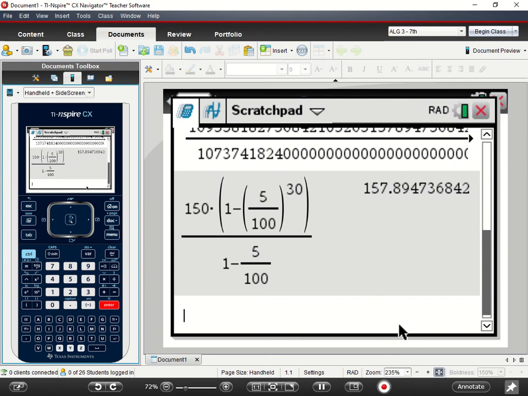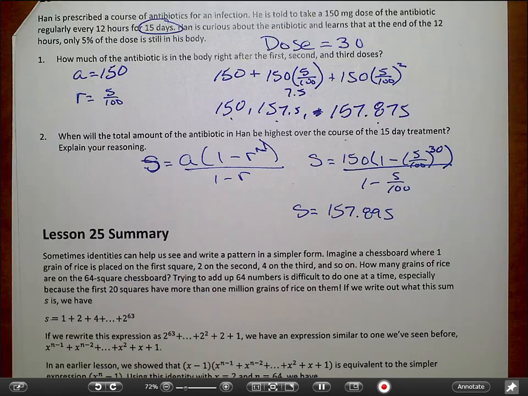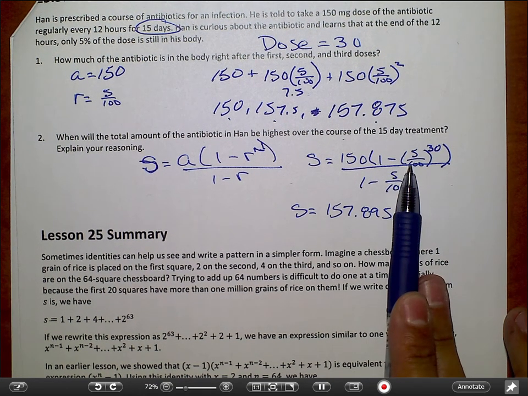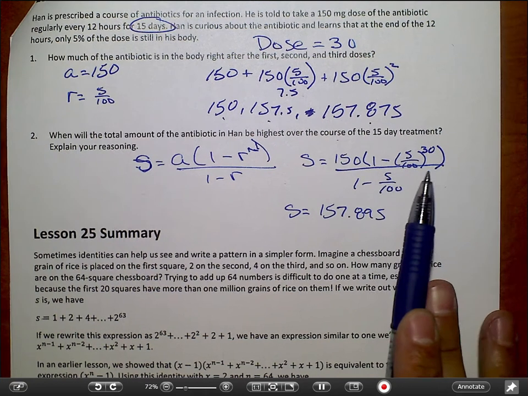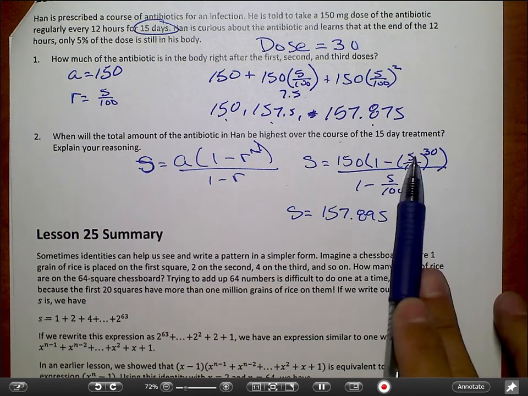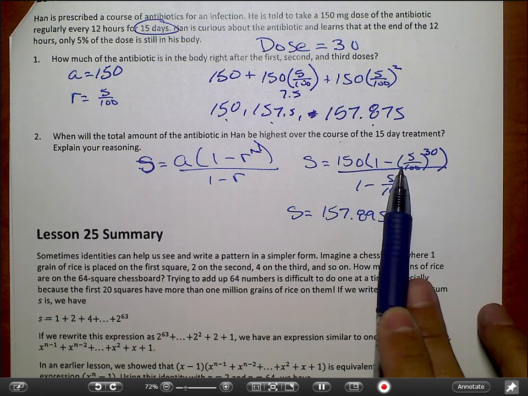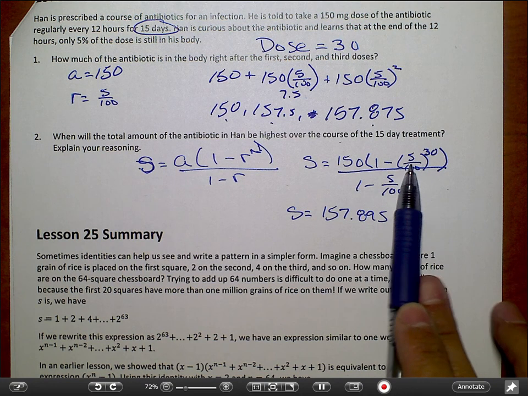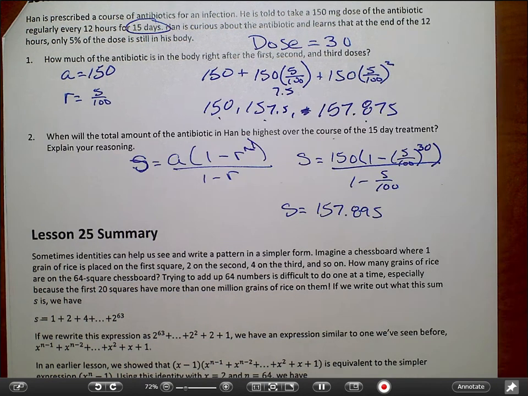So should we always put parentheses on the number that's being raised? I would. If you notice right here, I did do it on this. So this is my parentheses, so I'm only going to raise this number to the 30th power.